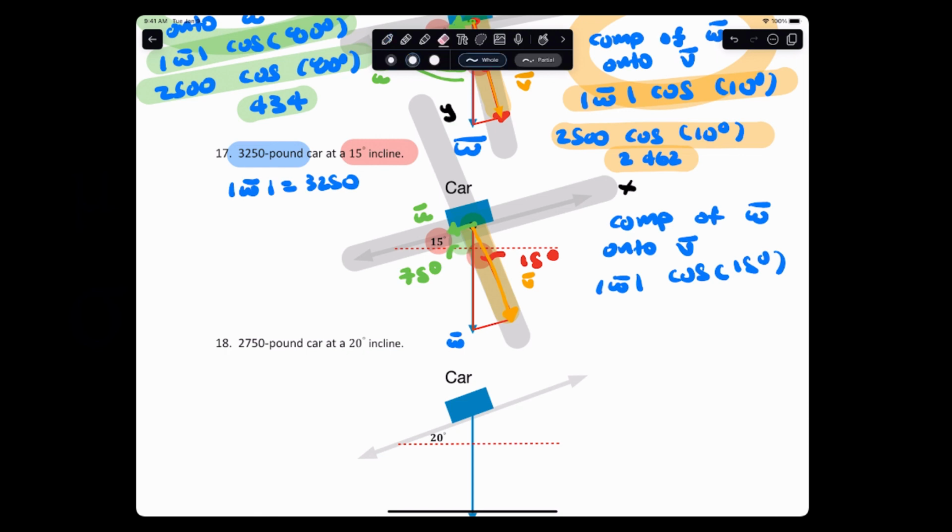And I think I'll just put the weight there, 3,250. You guys good with that? Using that definition of component. And there's my orange. And then in green, we'll put the green portion now. I'll say this will be 3,250 cosine of that 75-degree angle. And that's the component of W onto U.